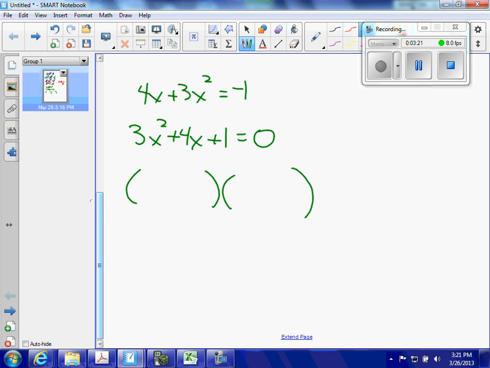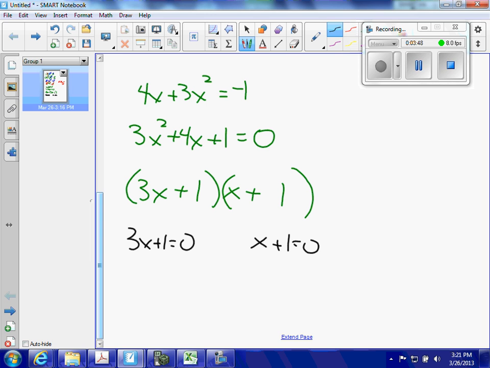I'm going to factor this into 3x and x, and 1 and 1, and I think I can add them together. And sure enough, I get 3x squared plus 4x plus 1. And now I know that on this side right here, 3x plus 1 equals 0, and x plus 1 equals 0.